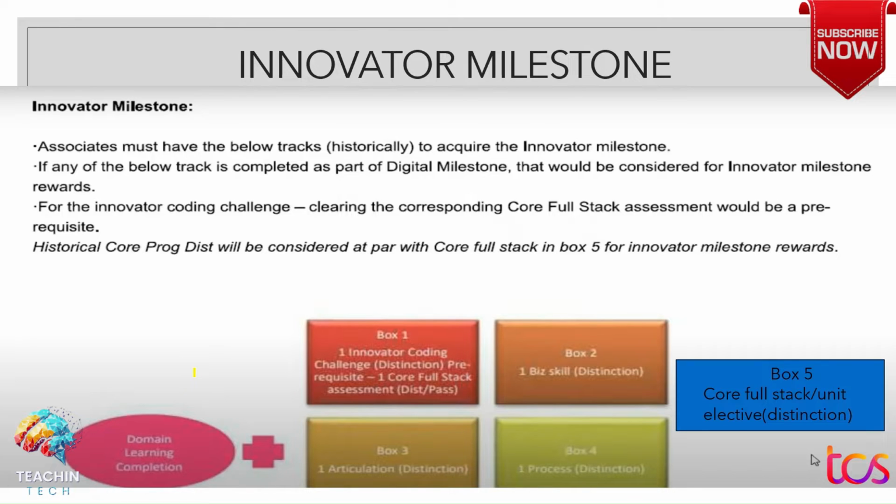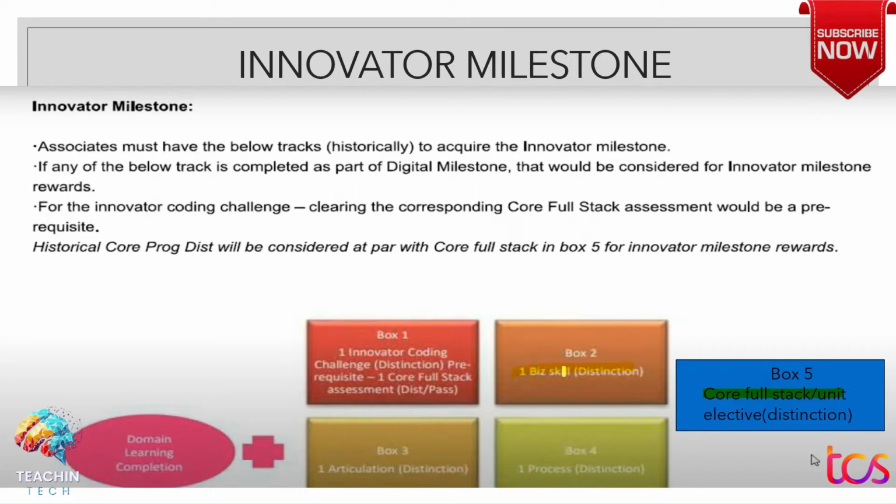If you finish there one core full stack, and if you have finished the one business till there, obviously these two things will get vanished here. We have totally six, which are mainly five boxes here. Two boxes are done from there itself.